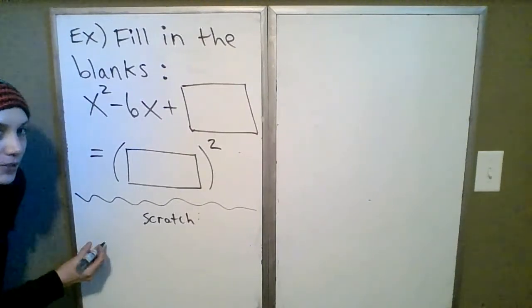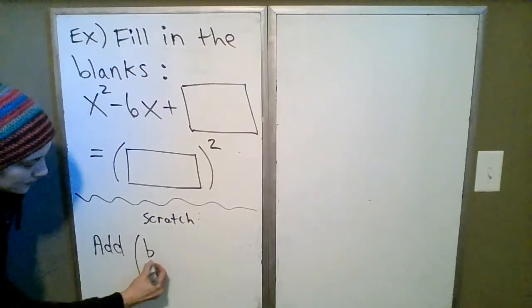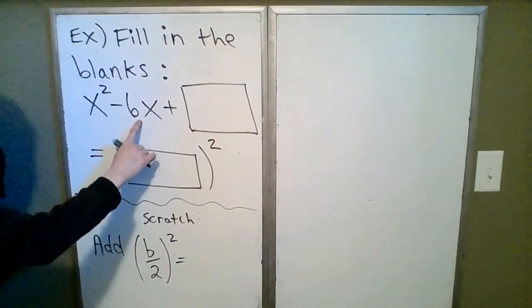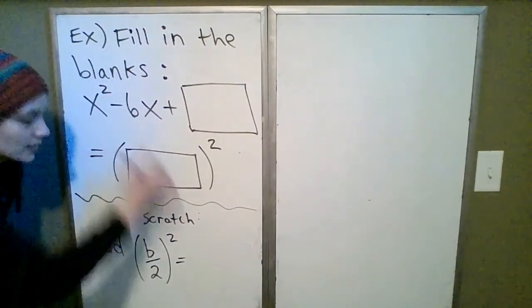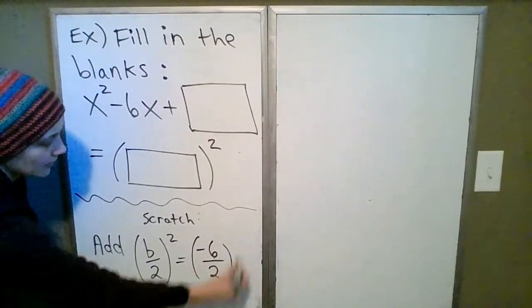It's b divided by 2 squared. So next to x, the number in front is negative 6. Negative 6 divided by 2 squared.